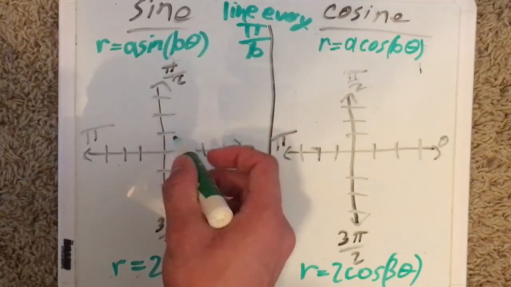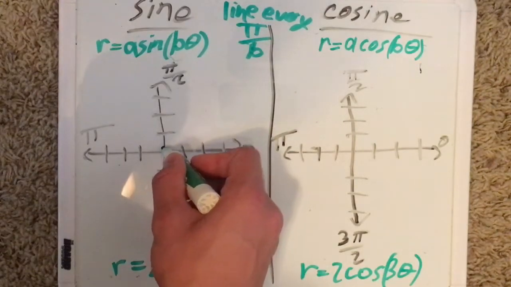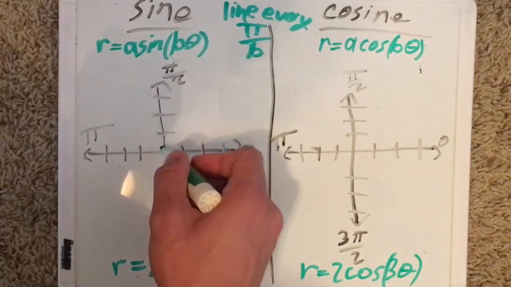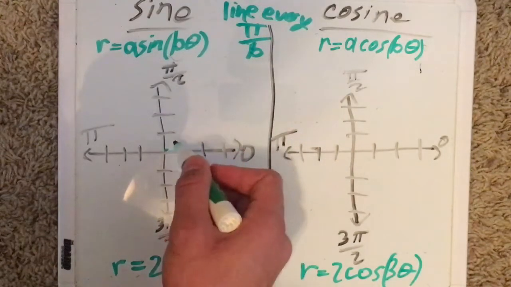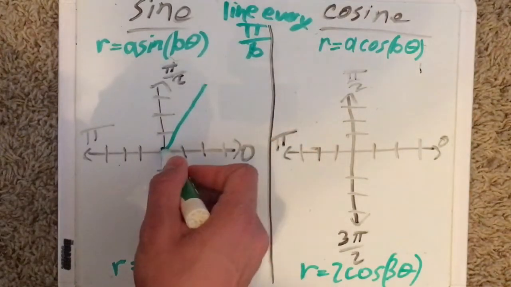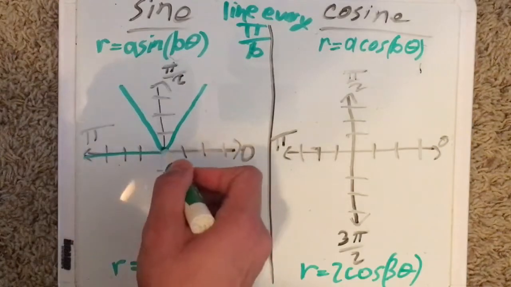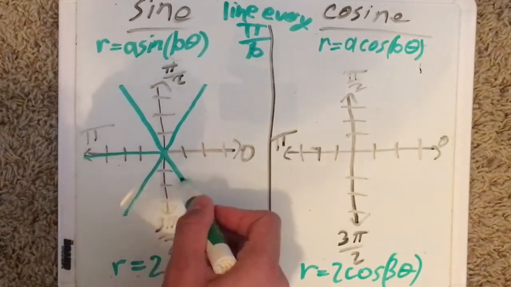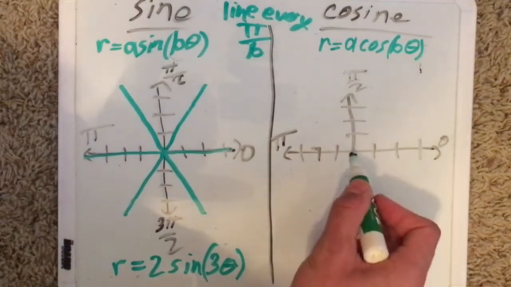We're going to start with one-third pi, draw a line, 2/3 pi, 3/3 pi, 4/3 pi, 5/3 pi, and 6/3 pi, and we're going to do the same on the right side.